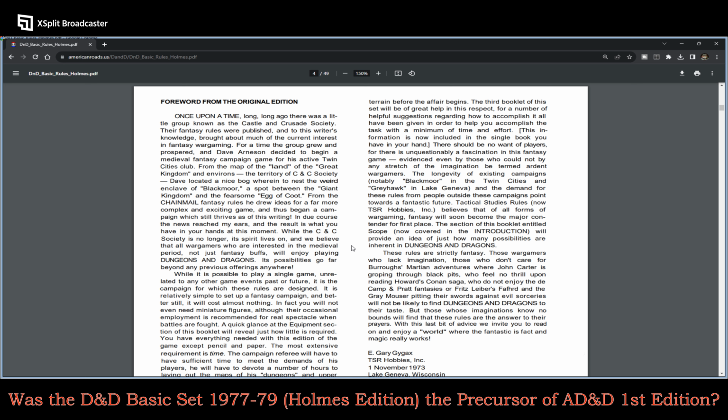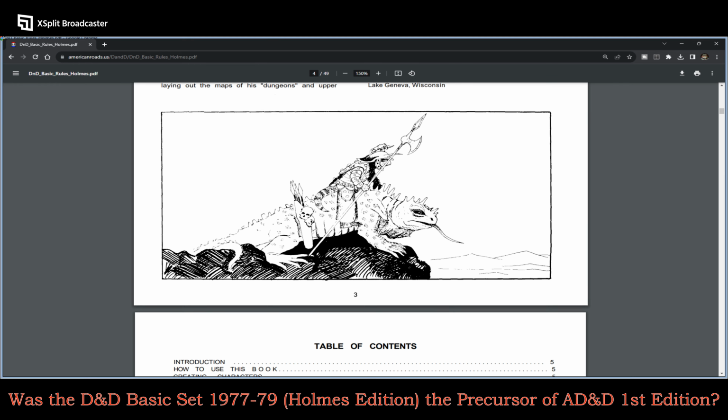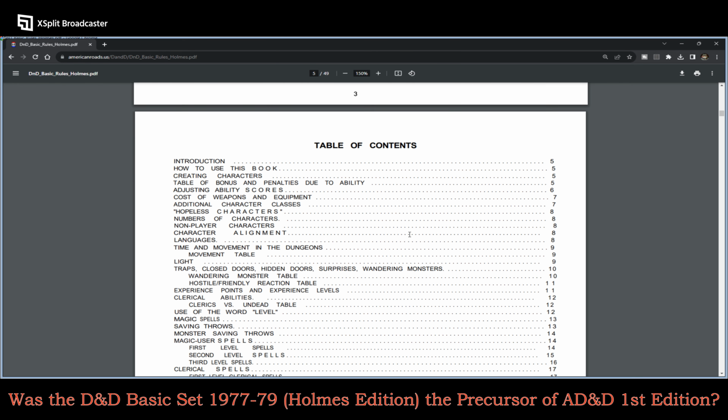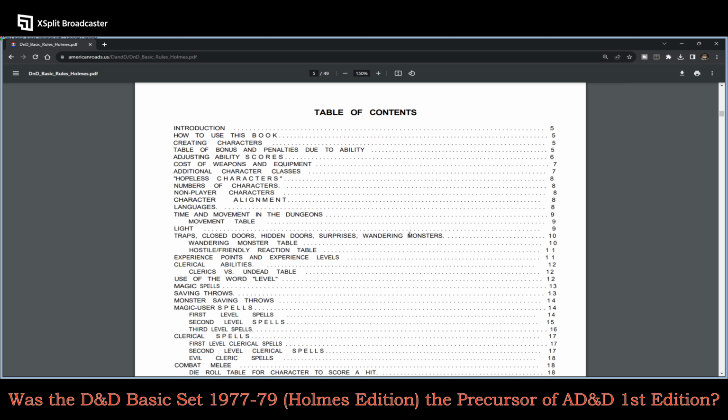All right, and they go through some more details over here, but we're still not at the point where, game mechanics wise, it is a direct translation, or a direct transition from this to that.